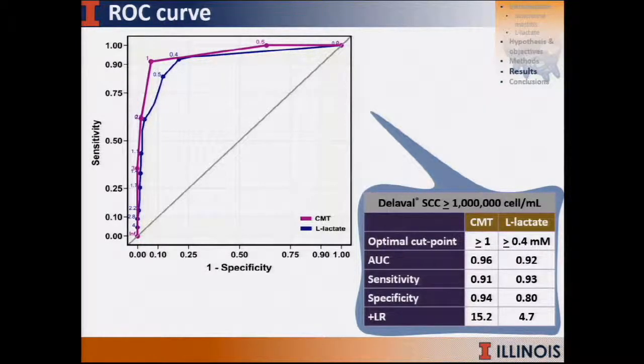The result showed that a milk lactate concentration of more than or equal to 0.4 provides an excellent quantitative test for identifying quarters with high somatic cell count, with higher sensitivity compared to CMT. But as we mentioned, CMT of more than 1 is still a more accurate test for diagnosis of subclinical mastitis, or quarters with high somatic cell count.